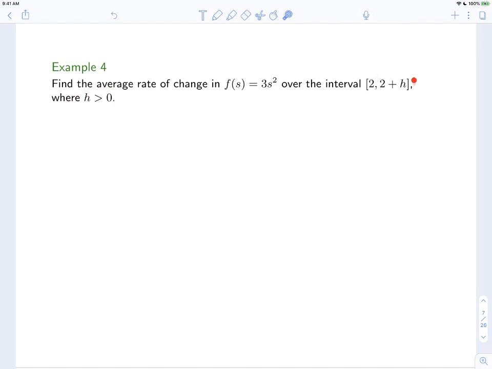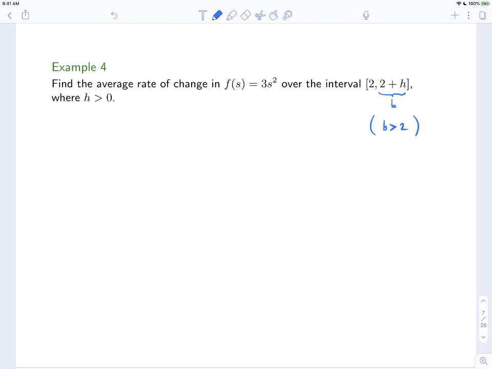Really, that's just a way of saying the number that we were calling b. So if this was b, that really just means that b is greater than 2. Because b is equal to 2 plus h, and h is some positive number, so 2 plus h must be bigger than 2. It's just another way of saying some number bigger than 2.